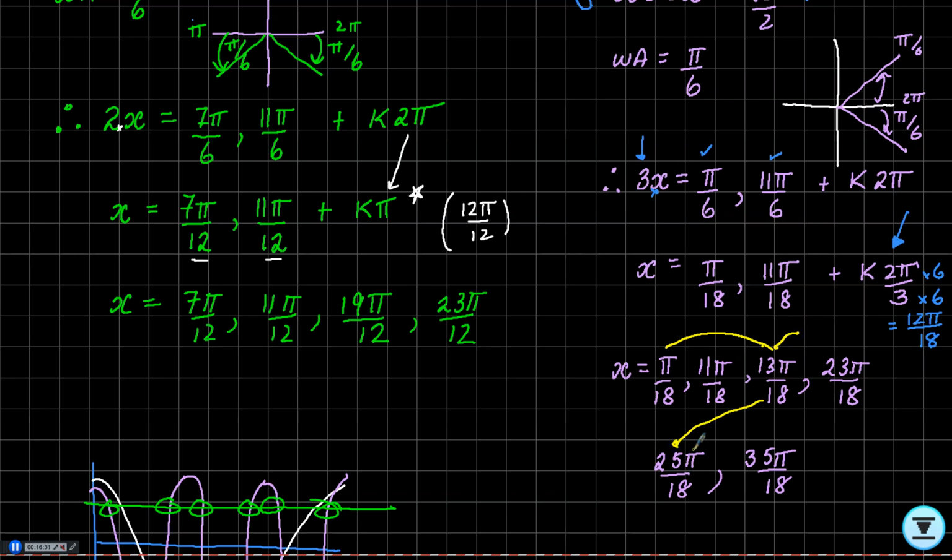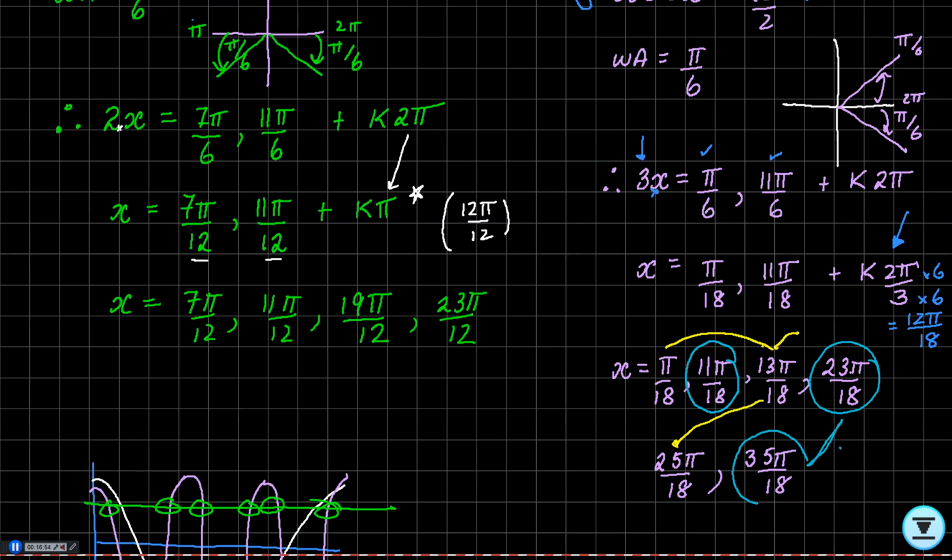You can see that this one and this one are the buddies. I'm adding 12 pi to that one and 12 pi to that one. My texter stopped working.